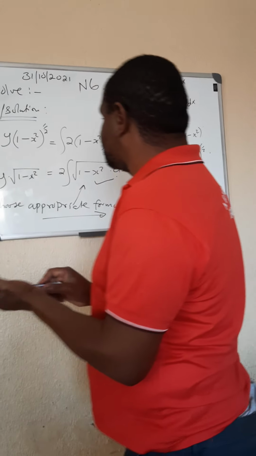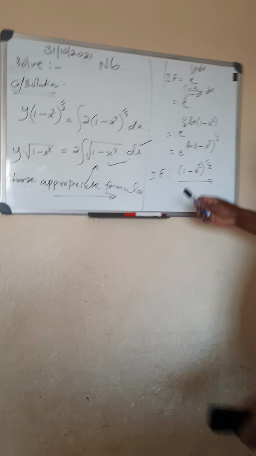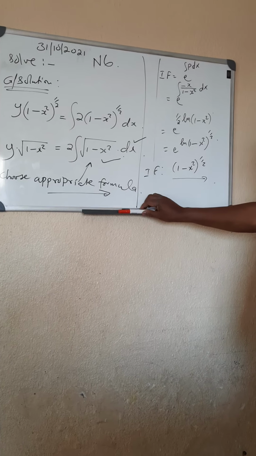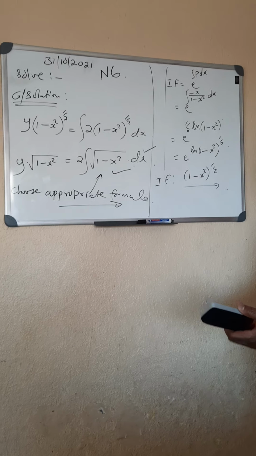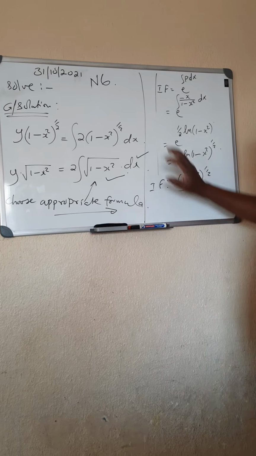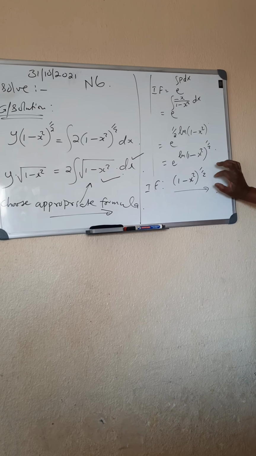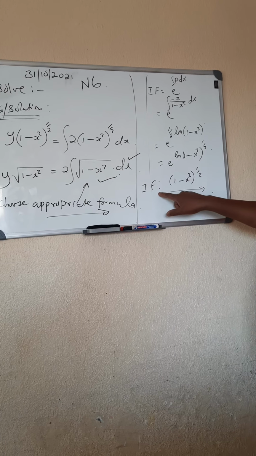Why I chose to do this problem was that I was actually interested in how to establish the standard form. But once you have the standard form, how then do you go about establishing the IF?